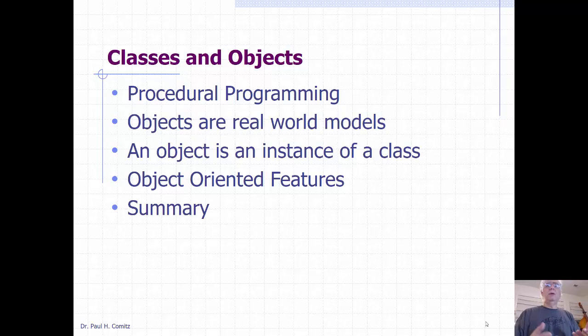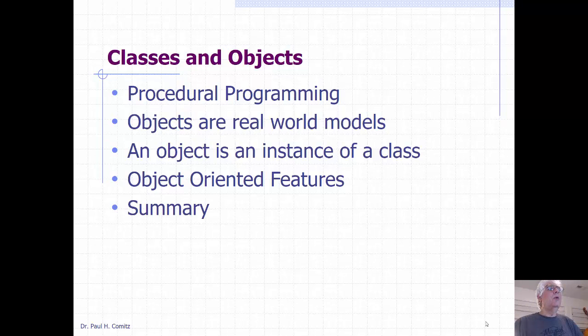And we'll finish off, and it's just a short presentation today. We'll talk about some of the features of OO, not all of them, but some of the important features. Specifically, we'll talk a little bit about encapsulation and information hiding, two powerful ideas.